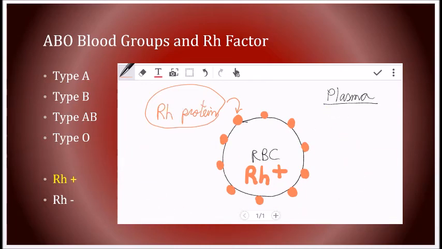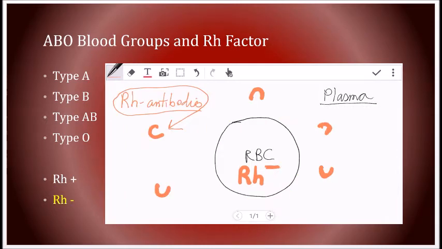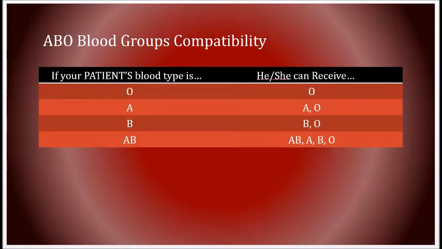Same idea, because it would cause a self-reaction. And people who are RH negative, their cells don't have any of the RH protein on the surface, but the plasma will contain RH antibodies. Same principle.